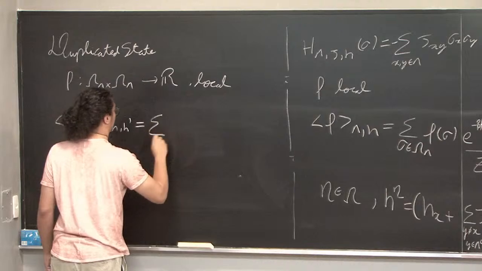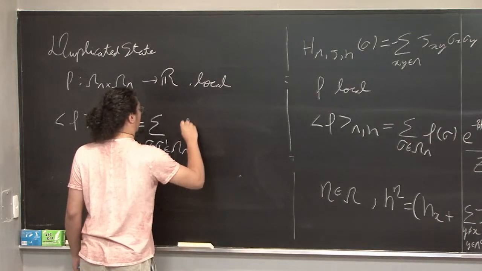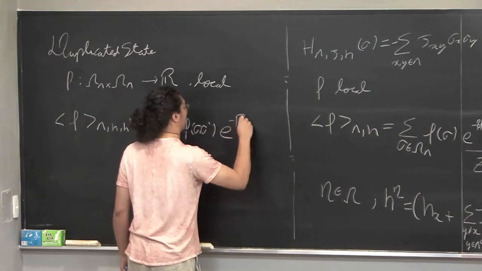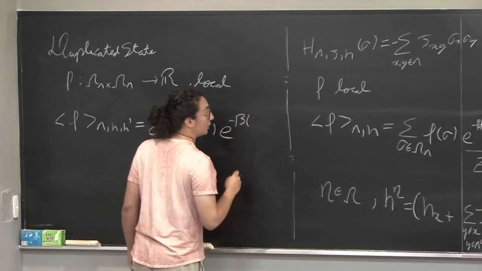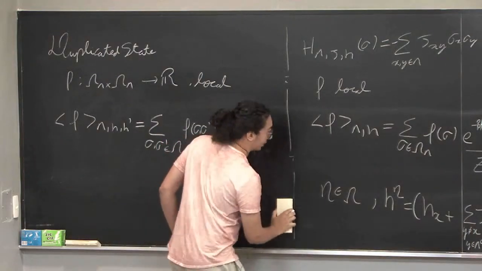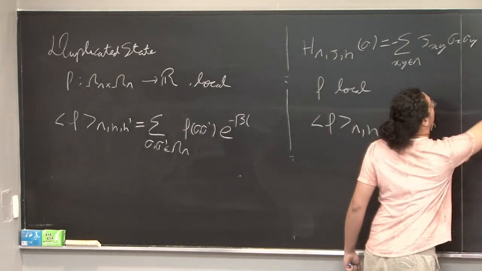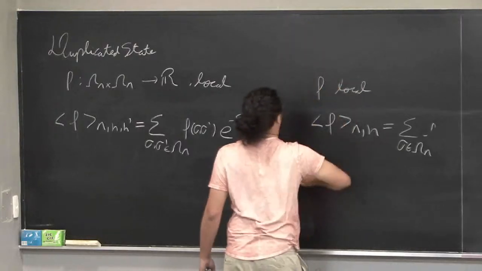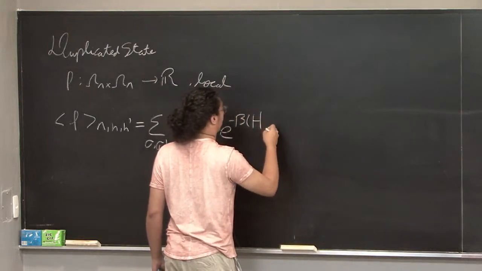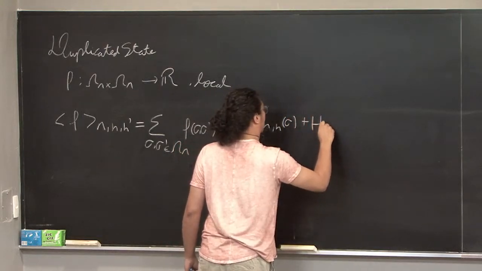Again, you take sigma and sigma prime: f of sigma, sigma prime, and the exponential of minus beta times the sum of the Hamiltonians, H of sigma and H prime of sigma prime.